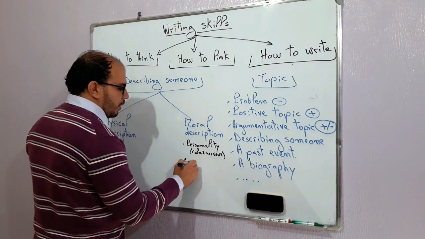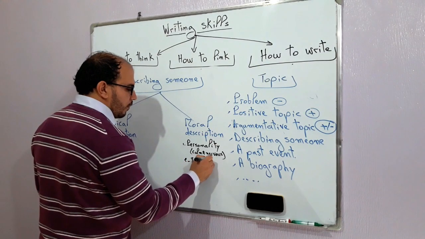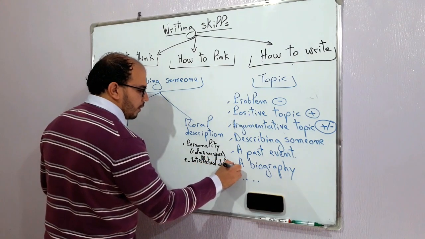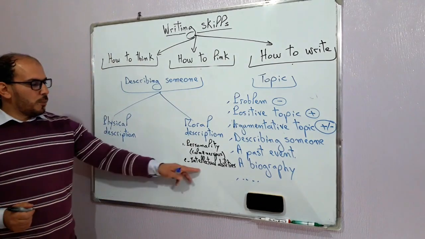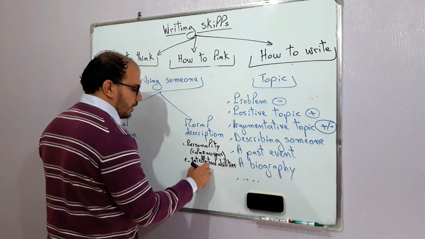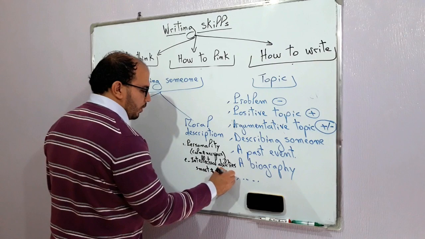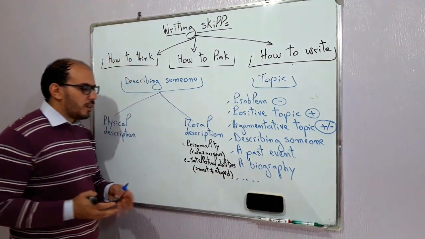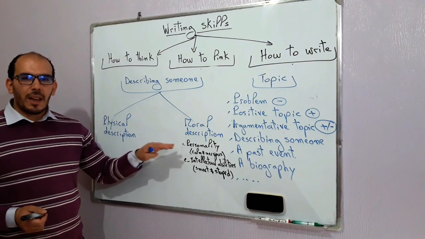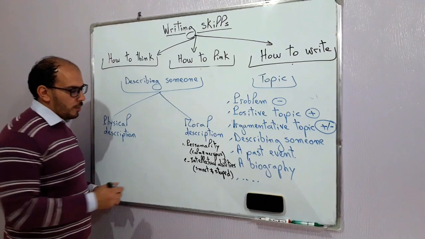The second is intellectual abilities. So what is the description of the intellectual abilities of this person? For example, I say this person is smart or this person is stupid. And of course, these two adjectives are just examples to simplify your understanding of this categorization.